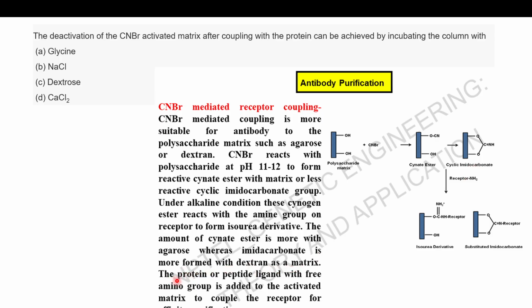The protein or peptide ligand with a free amino group is added to the activated matrix to couple the receptor for affinity purification. So the correct option will be option A. You need something with a free amine group, NH2 group, which is the glycine amino acid here.